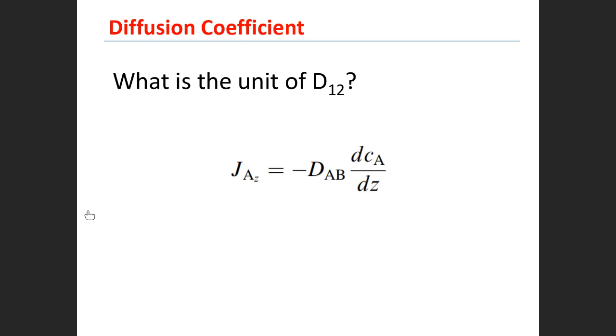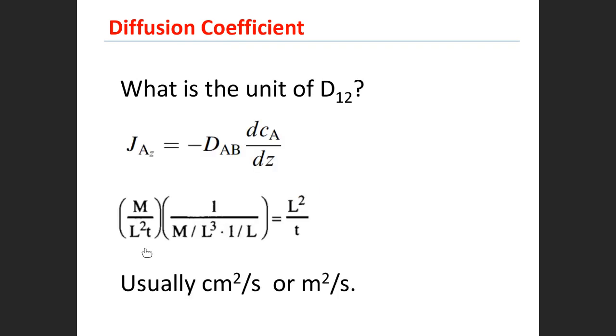It's length squared per time. It is unit of length squared per unit time, but for people who are still not awake, you can get the diffusivity from the equation. The molar diffusion flux has a unit of what we said? Moles per area per time. So basically here, it's moles per length squared per time.